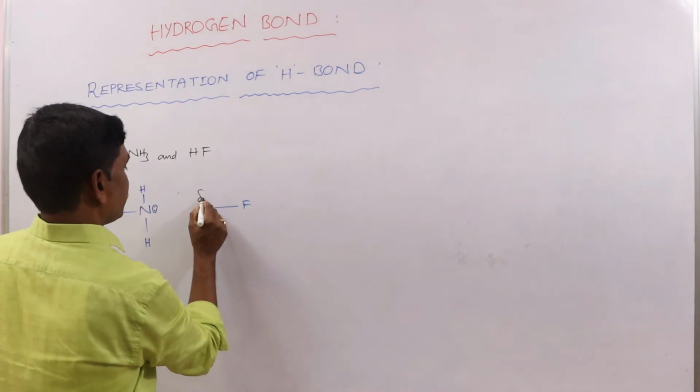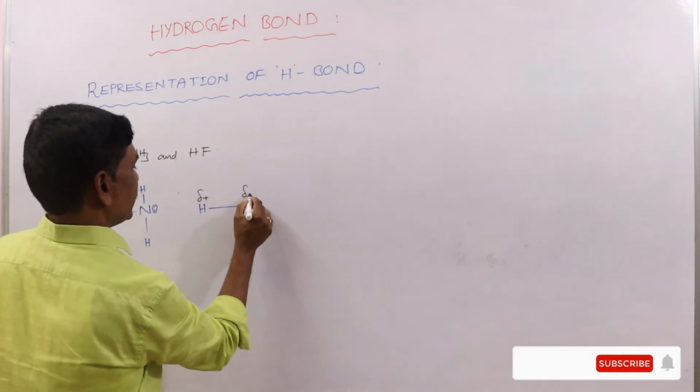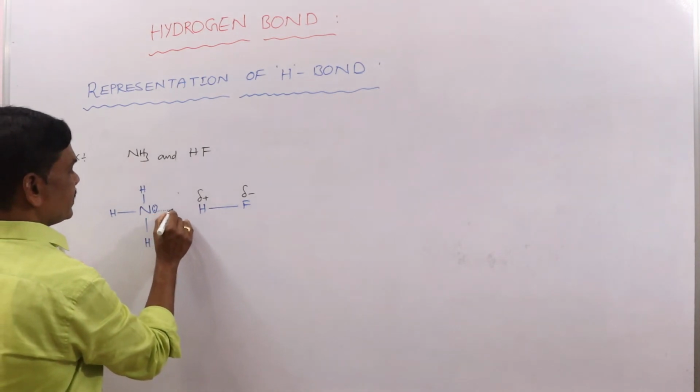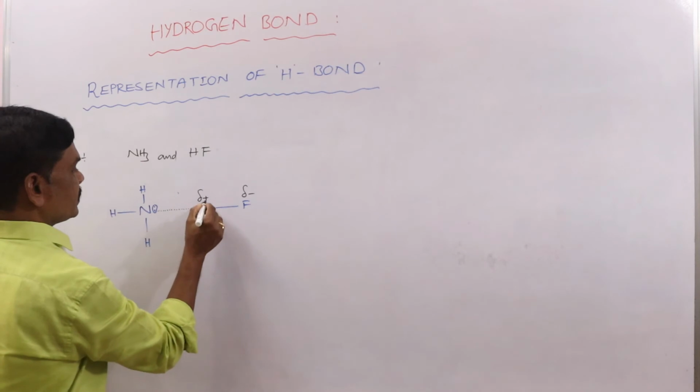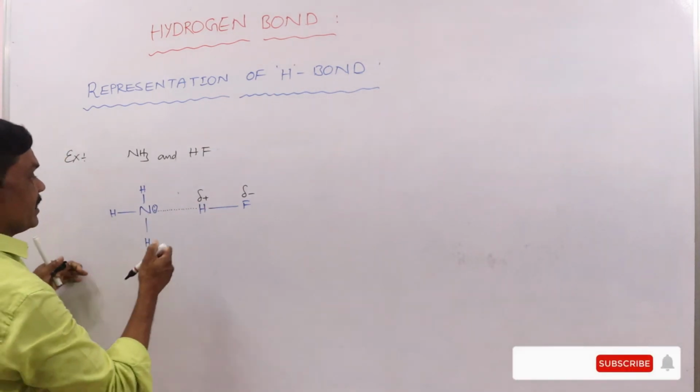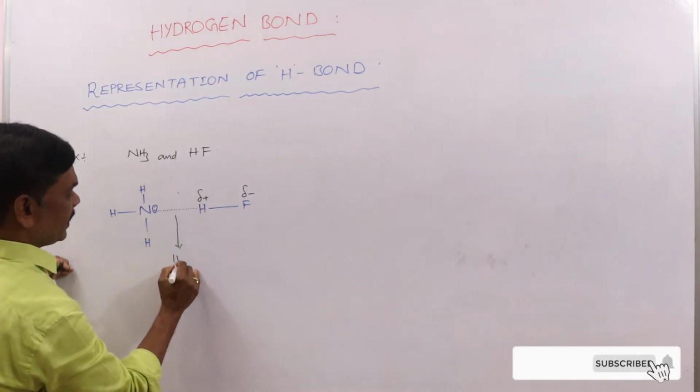On hydrogen there is a partial positive charge, and on fluorine a partial negative charge. Between this partially positively charged hydrogen and the pair of electrons, the hydrogen bond is formed.